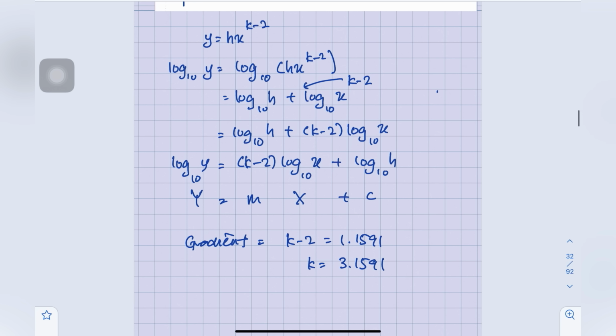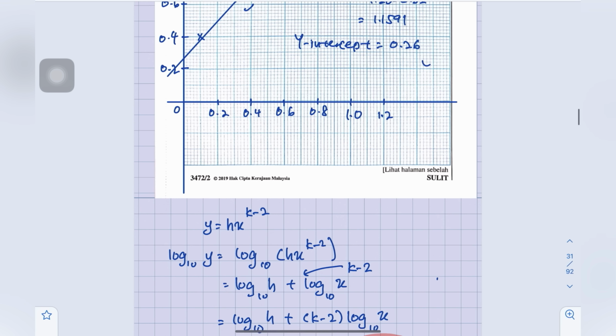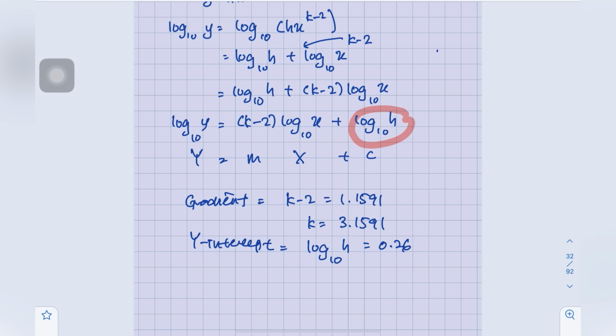Okay, so big Y intercept is log h base 10. And just now kita punya intercept is 0.26, so log h base 10 equals 0.26. Jadi kita boleh carilah nanti kita punya h is 1.8197.